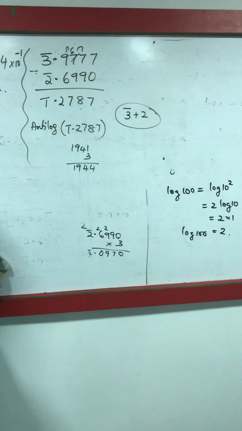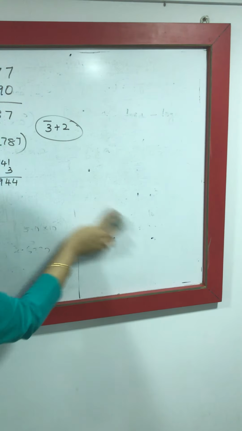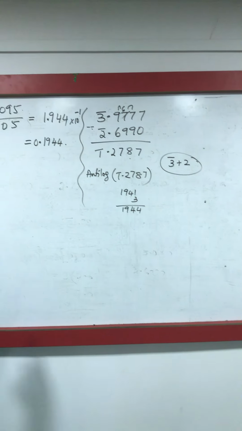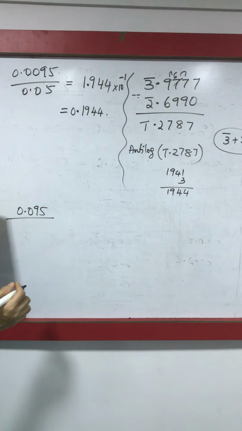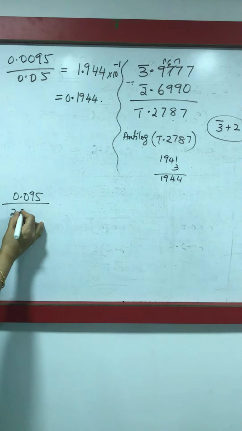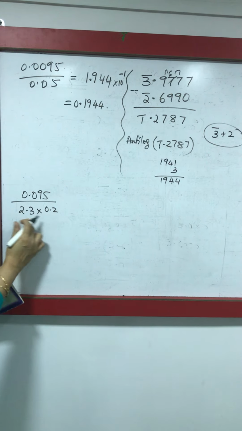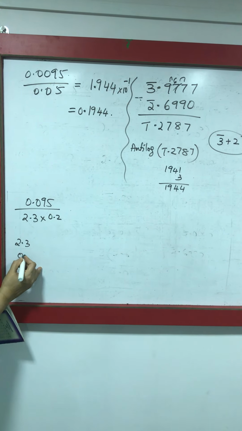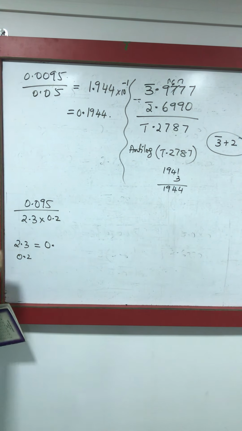Let us take another example to understand solving in logs. Let us take 0.095 divided by 2.3 into 0.2. What we will do is we will take the logs of these two numbers and add up first. This is already in standard form, so characteristic is 0.